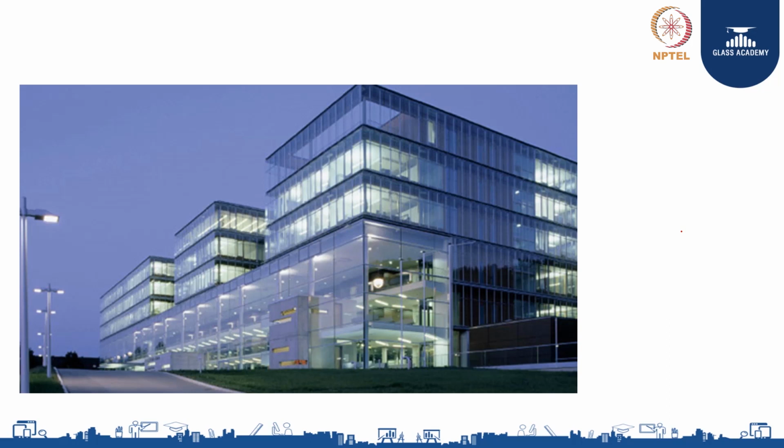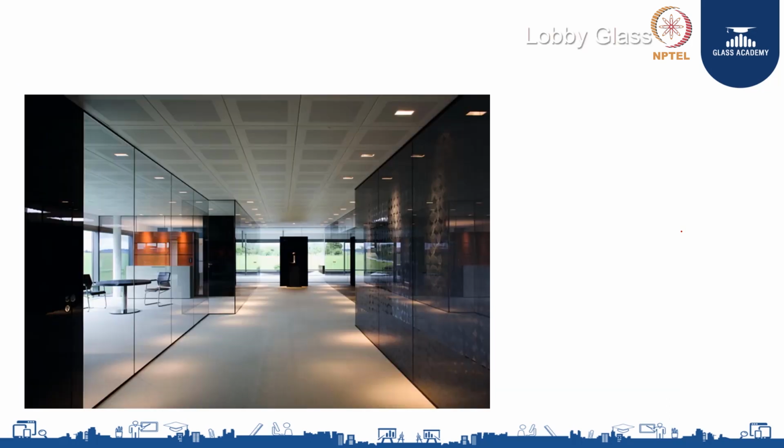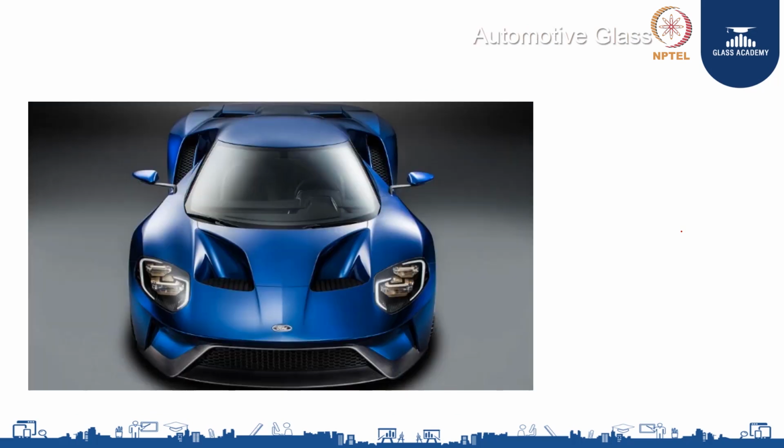You see this is clear glass in a facade and interior partitions. These have to be tempered glass. You cannot use any annealed glass there. Automobile glasses are also basically sandwiched glass, which is laminated glass.